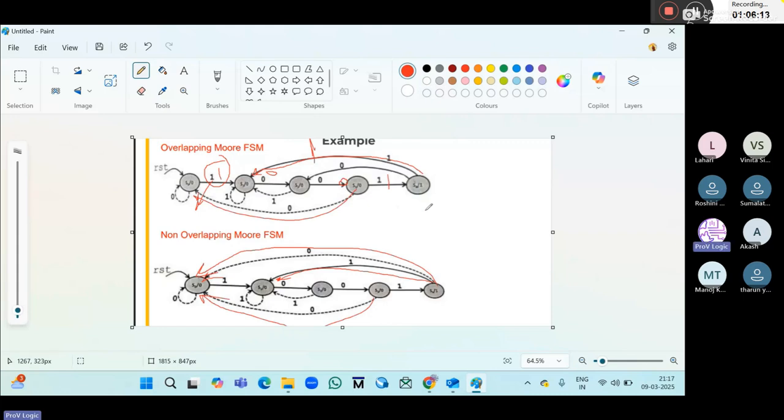Okay, clear everyone? Have you gone through these examples and any reference videos? Tomorrow I will share the FSM assignment, so you will get clarity. Till now, I have given the assignments on flip-flops, registers, counters.